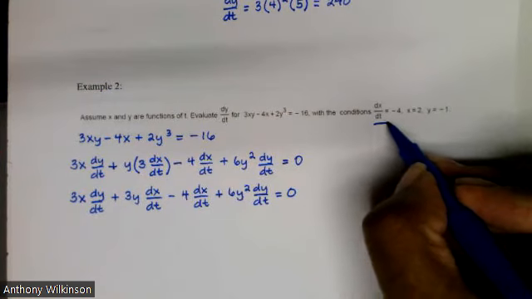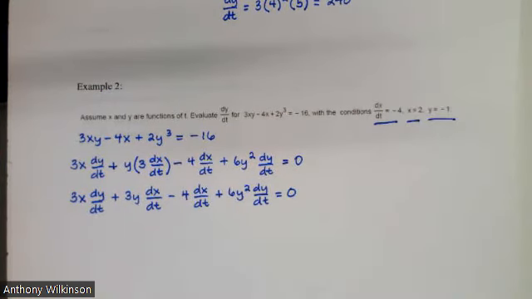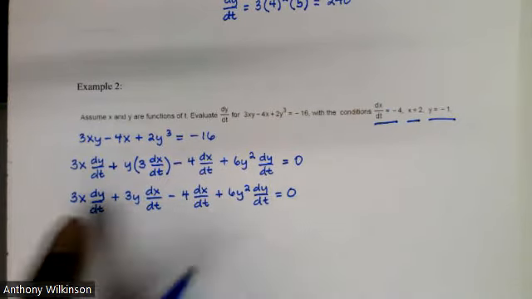We're given that dx/dt is negative 4, x is equal to 2, and y is equal to negative 1. So let's substitute those values into this line right here.